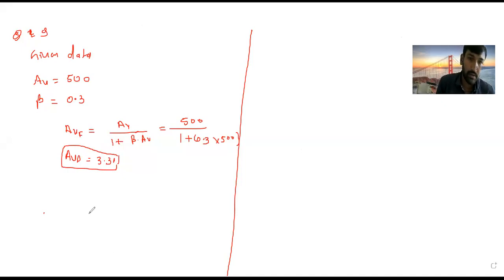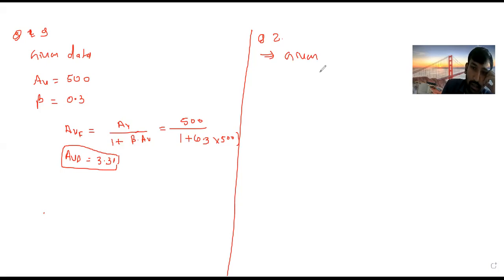No, sir. Okay, so write down question number 2. The voltage gain of amplifier without feedback is 100.